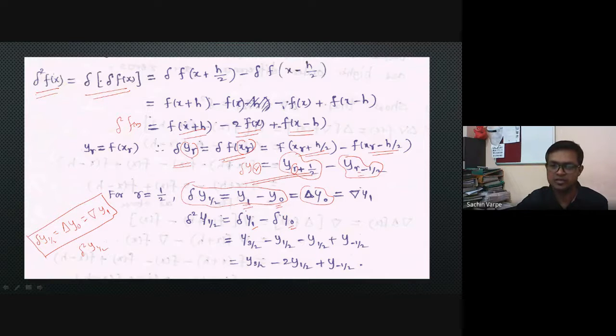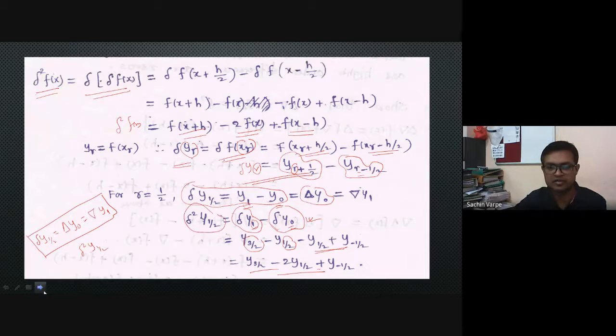But delta of y1, again using the same definition, here r is 1, so 1 plus half will be 3 by 2. You can see here 3 by 2. Again 1 minus half will be half. So that is half. Again for this, the definition of central difference is this one, okay, we combined them. This is my formula for second order difference operator.